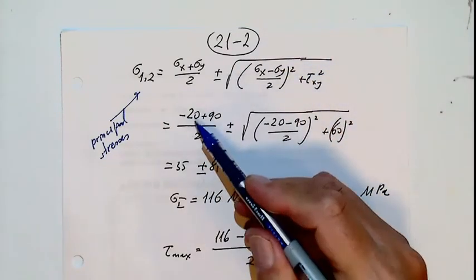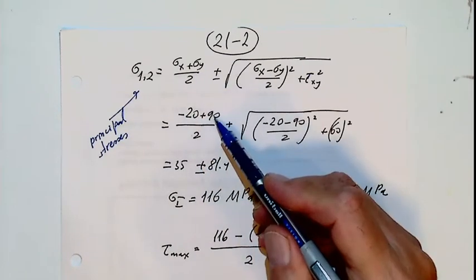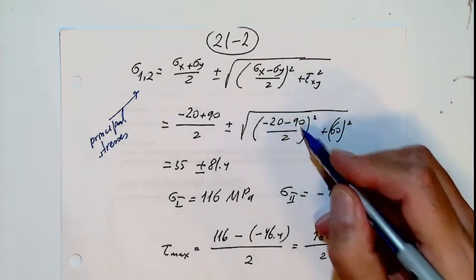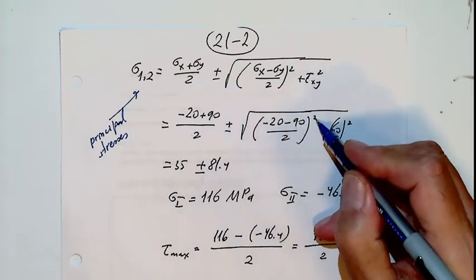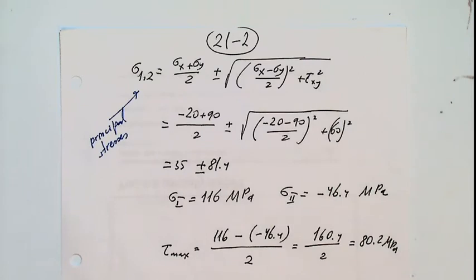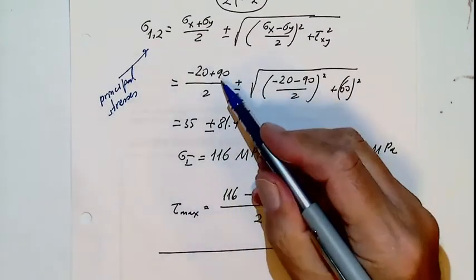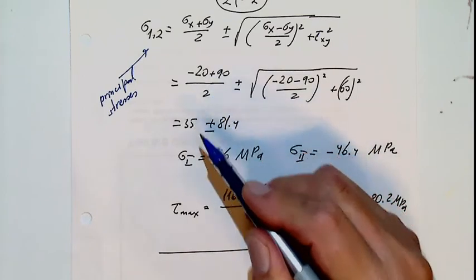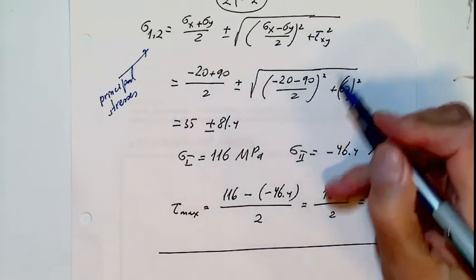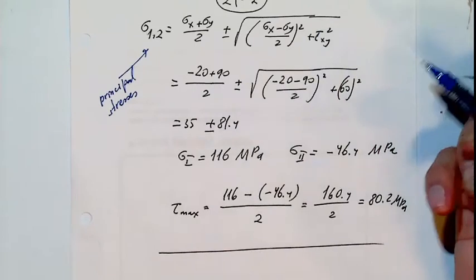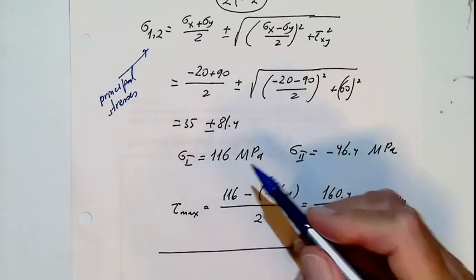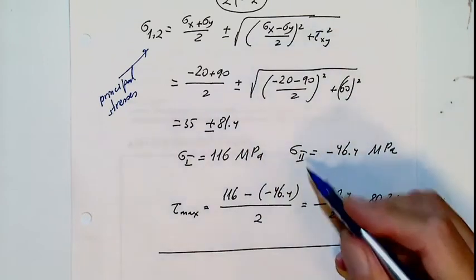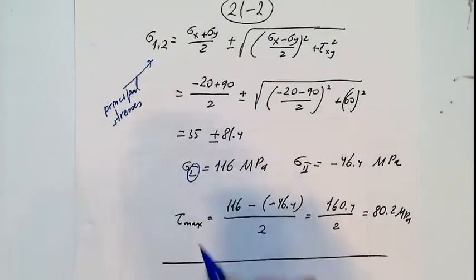So that is minus 20, sigma x, plus 90, sigma y, divided by 2, plus minus the square root of minus 20 minus 90 over 2 squared, plus 60 squared. So that is 90 minus 20 is 70, 70 over 2 is 35. Plus minus, and this value equals 81.4, I calculated. So sigma first equals some 116. And second, I'm using Roman notation.